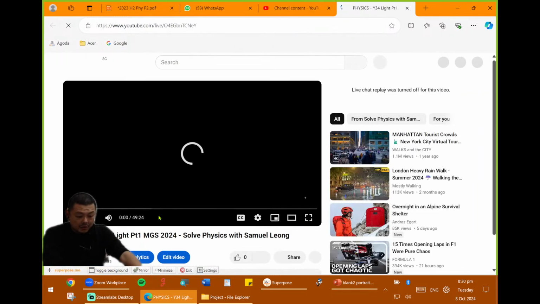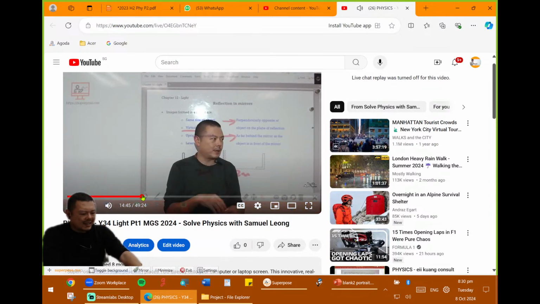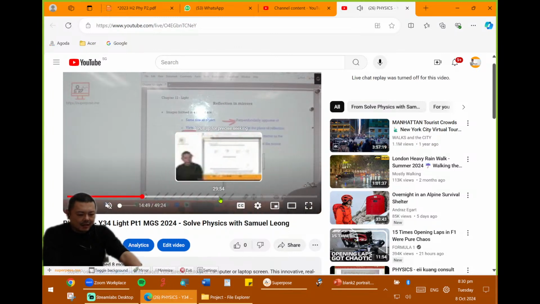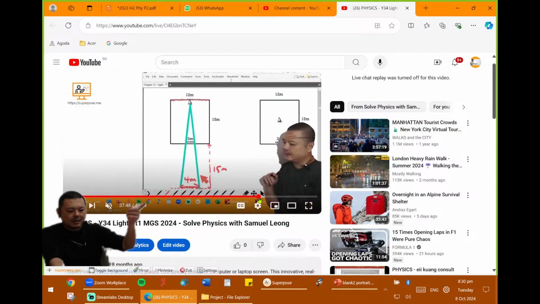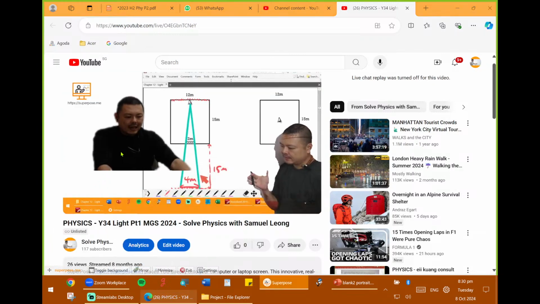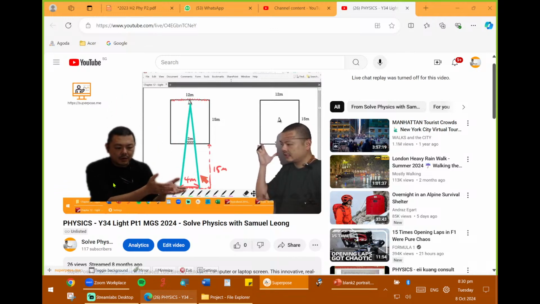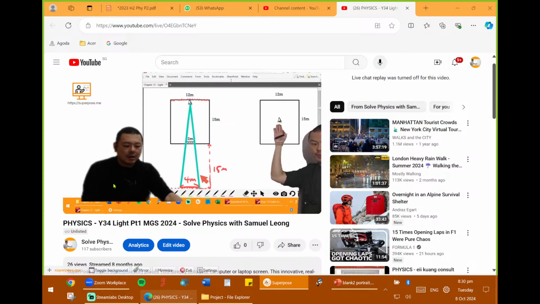You took notes, then you understand when I say things like painter. It was this one here. They ask you to find the size of the image, and what was the method that we used here? This was similar triangles, yeah.